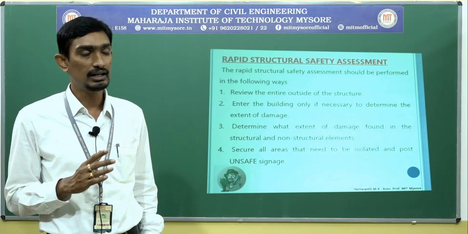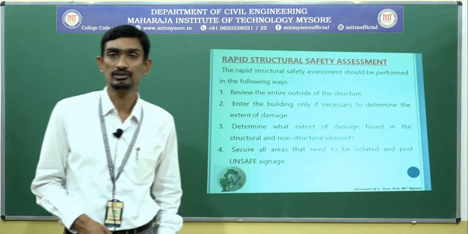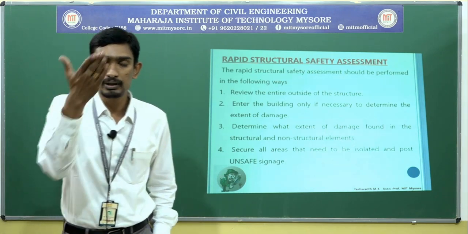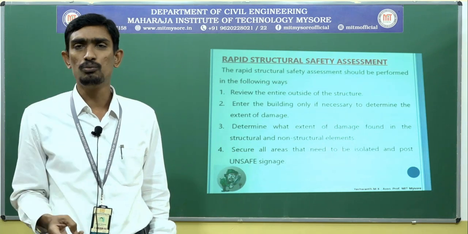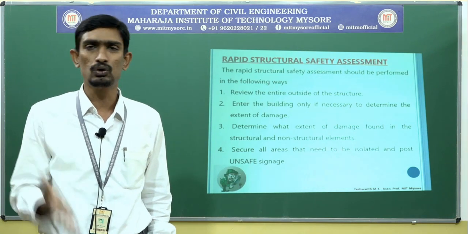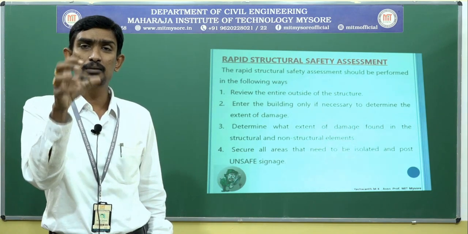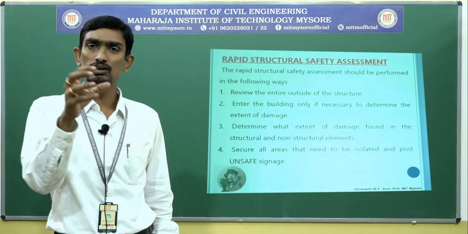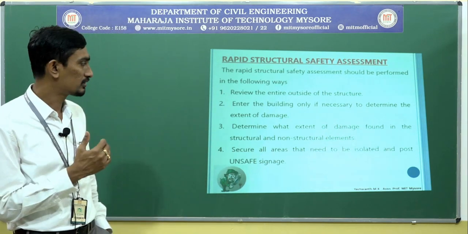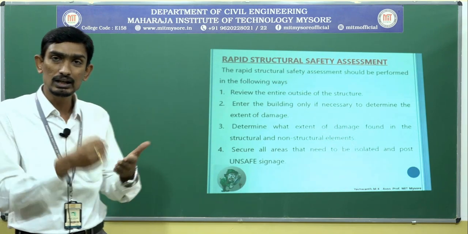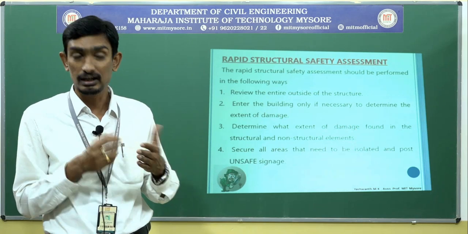Next, the third point says to determine the extent of damage, quantifying the damage. That means you have learned so many causes: shrinkage, honeycombing, chemical attack, sulfate attack, corrosion, lots of things. Now that concept plays a role here. After entering, I need to quantify the extent of damage that has happened.